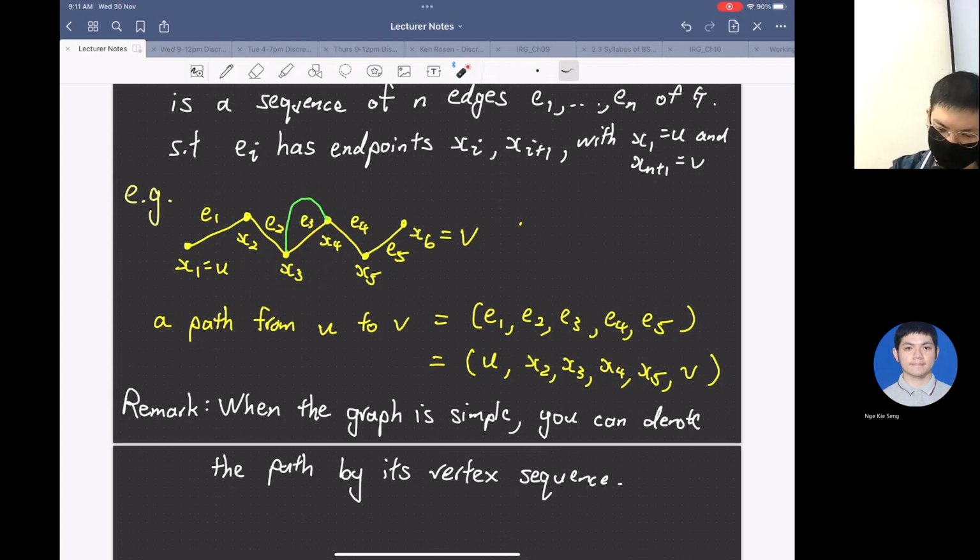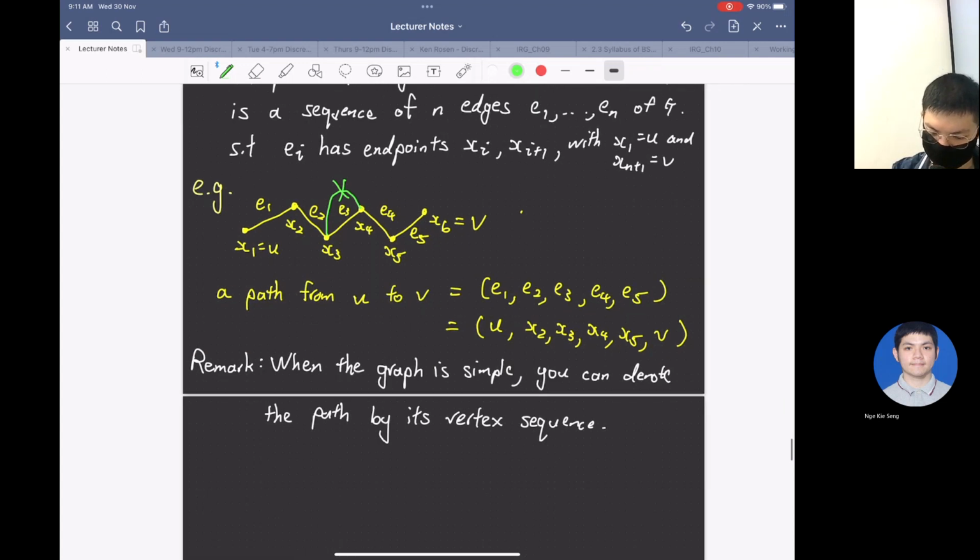So you can just use vertices to describe the path if your graph is simple.